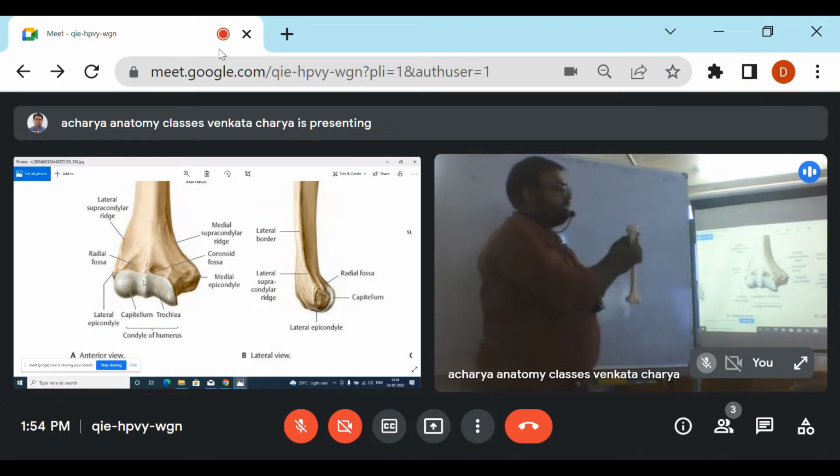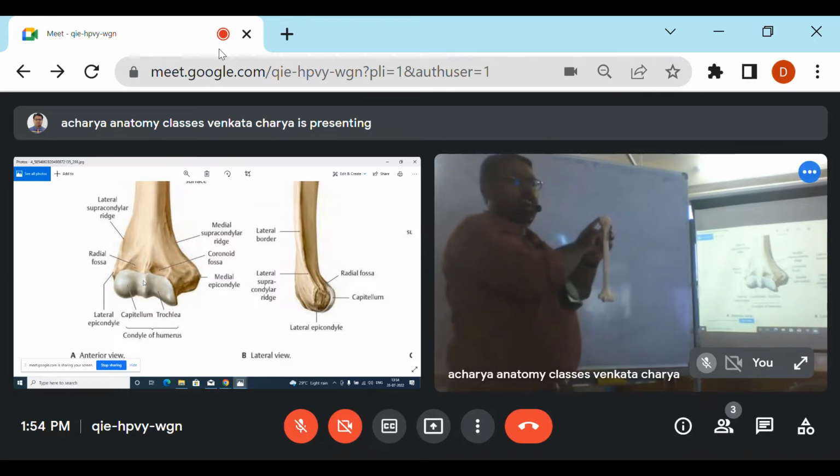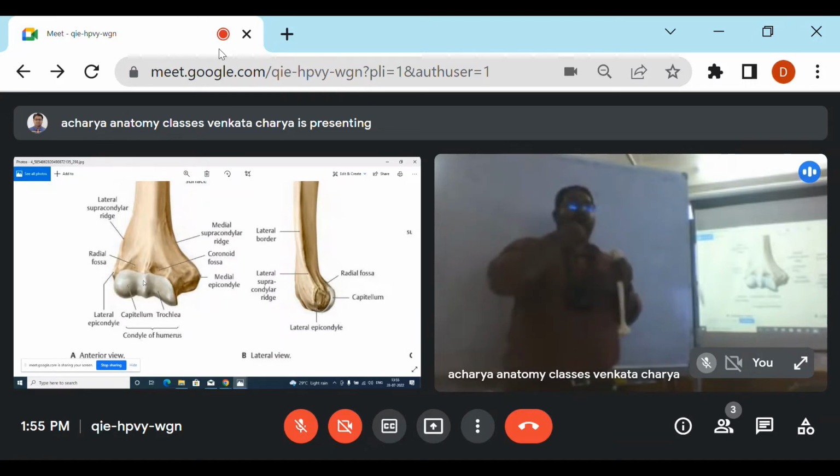The upper end consists of the head, neck, two tubercles, lesser tubercle and greater tubercle, and the intertubercular sulcus. So these parts are present in the upper end of the humerus.